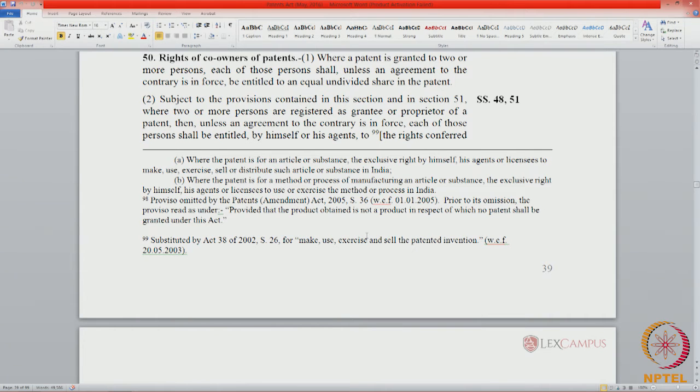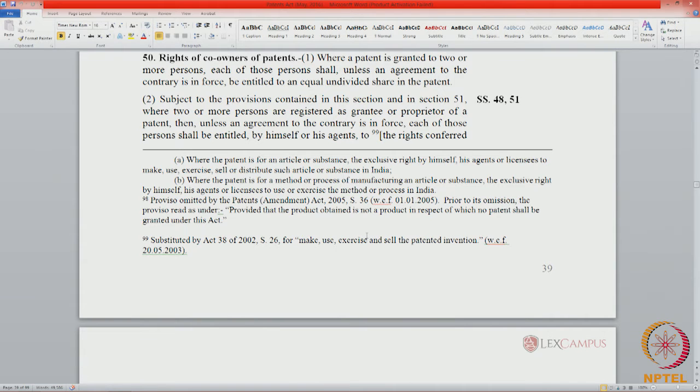We refer to a person as an applicant before the grant, and after the grant he is called the owner or the patentee. Section 50 states: where a patent is granted to two or more persons, each of those persons shall, unless there is any agreement to the contrary in force, be entitled to an equal undivided share in the patent.